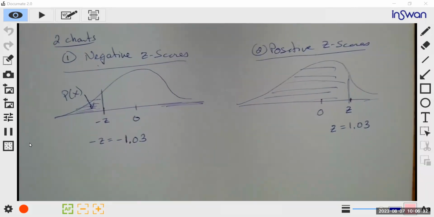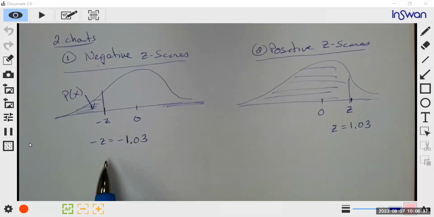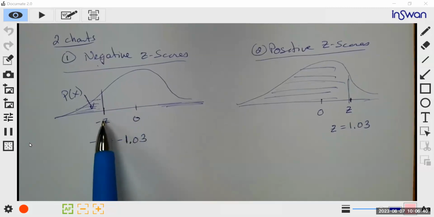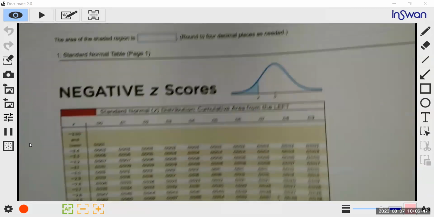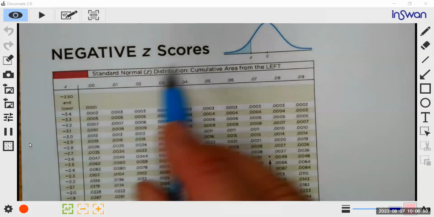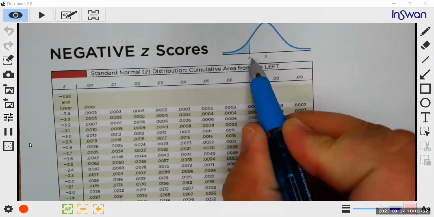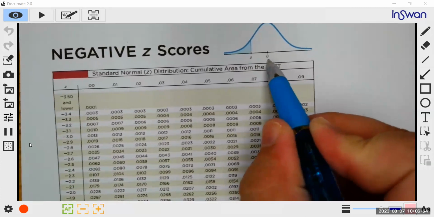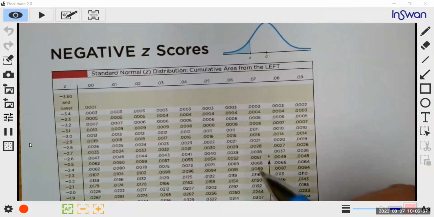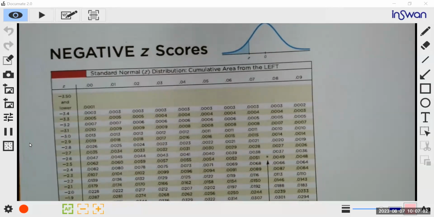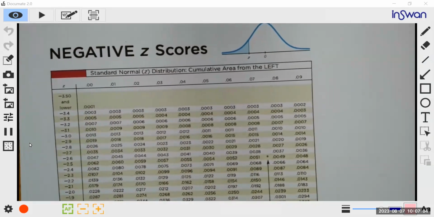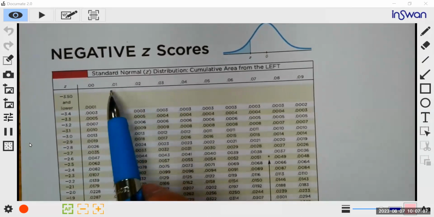Well, let's look at this. Since the first one's negative, it's to the left of the mean. We'll use this chart. Remember, it's negative 1.03. We'll use this chart, the negative z-scores. It even gives you a picture to refer to. If you're going to the left, and it's on the left-hand side of 0, we use this chart. Here's your z. On the left column is one number to the left of the decimal and one number to the right. The second decimal point is up here.